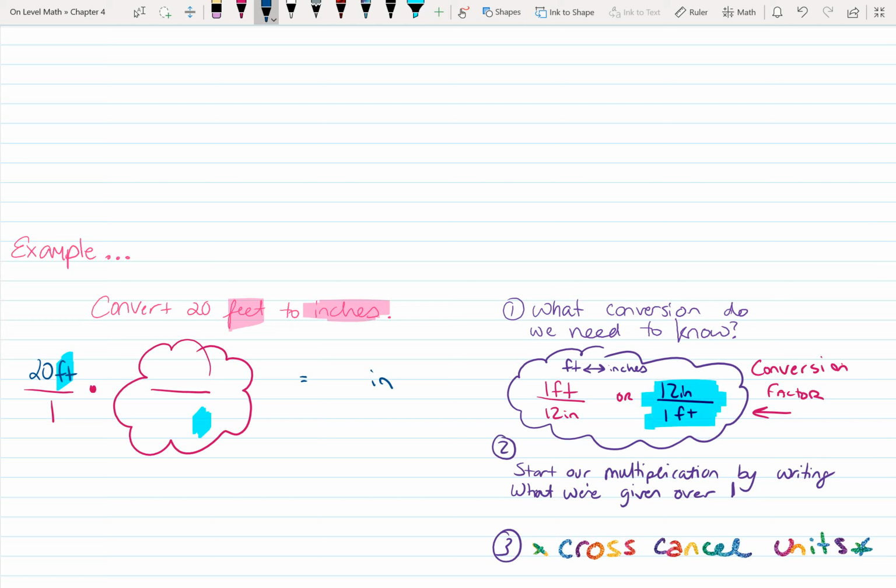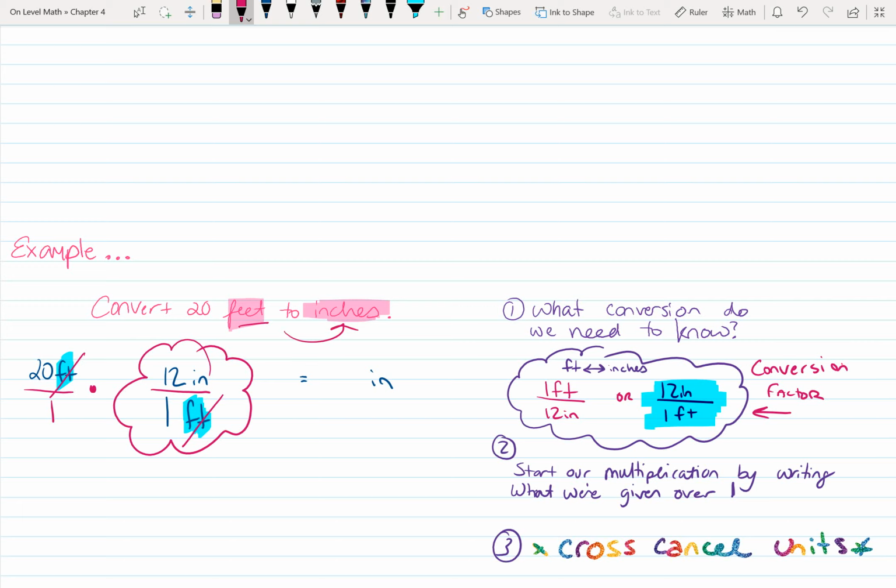So our conversion factor that we should use is 12 inches over 1 foot, so that these feet cross-cancel. We can cross-cancel the feet because, again, we're trying to get from feet to inches. So the only units that we have left in our problem are inches, and that's our goal.